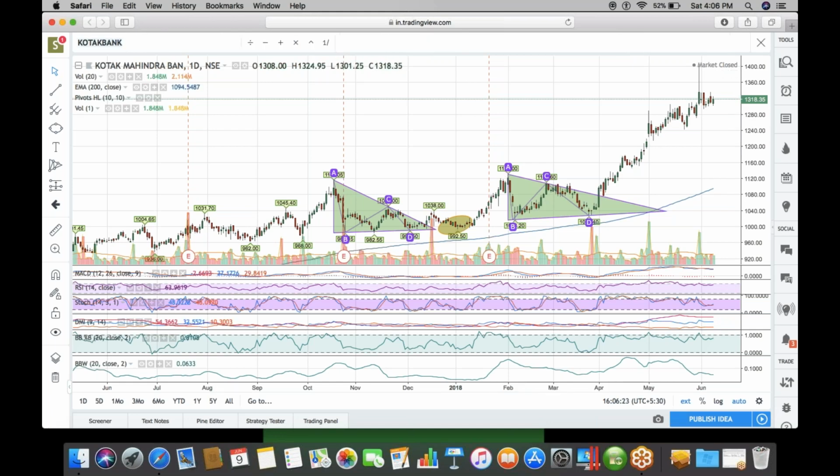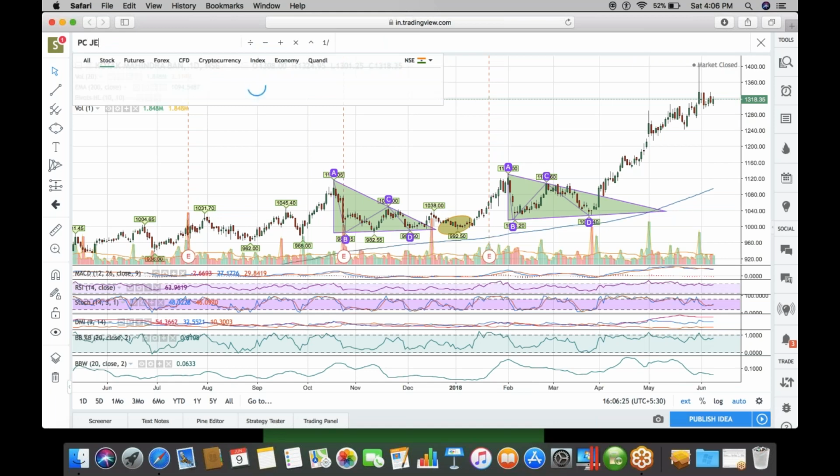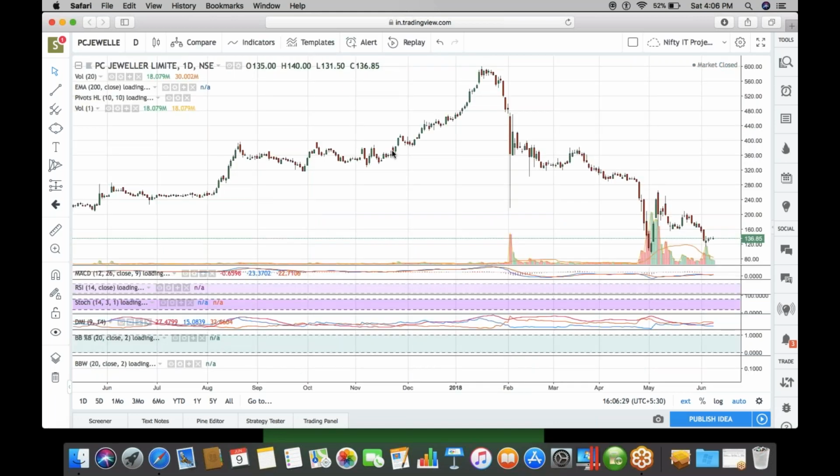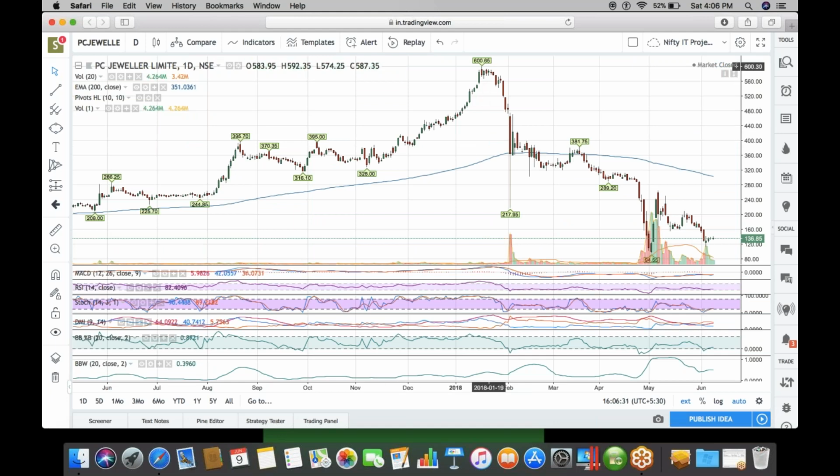Okay, see prices going down. Second, I would like to show one more chart, PC Jewelers. Now see this. This was 600 rupees, started falling, and now prices have fallen. This is a downtrend. Okay, how is a downtrend defined? Lower highs, lower lows.